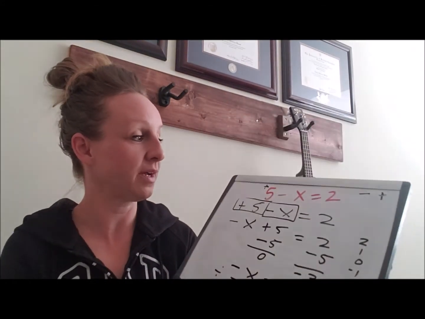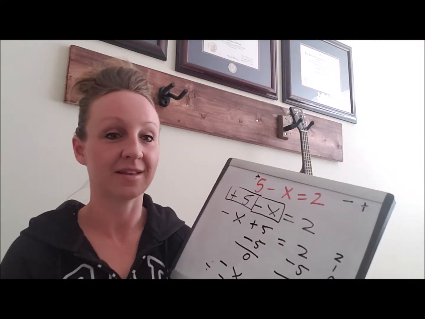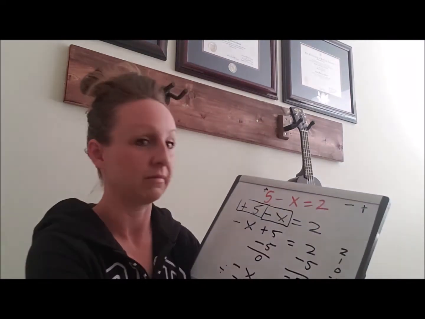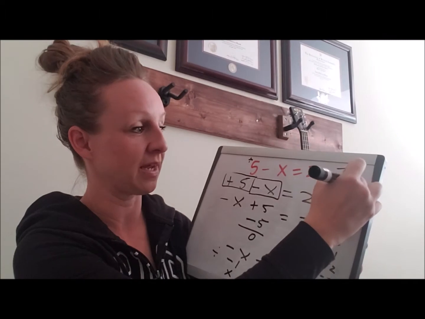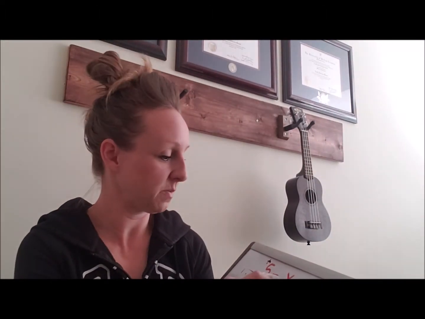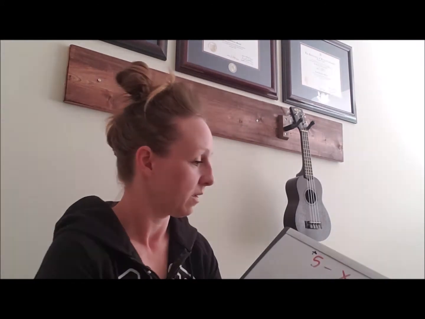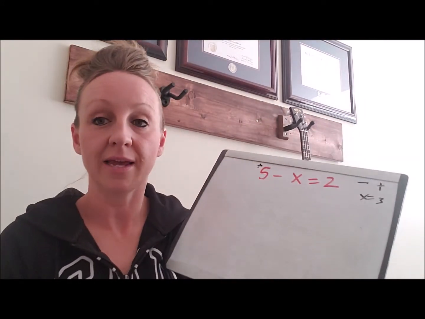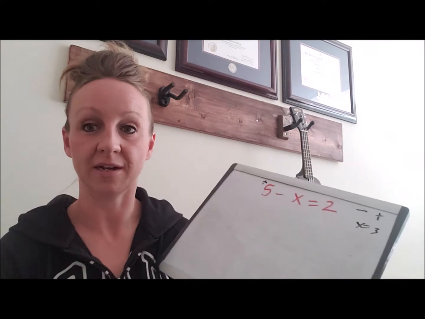X is now 3, so I'm going to go up here and pretend that x is 3. Let me erase all this before I forget, because I've got a terrible memory. I'm saying x equals 3. So let's fill this back in. I'm now going to take the answer that I got and put it in my equation to see if it works.